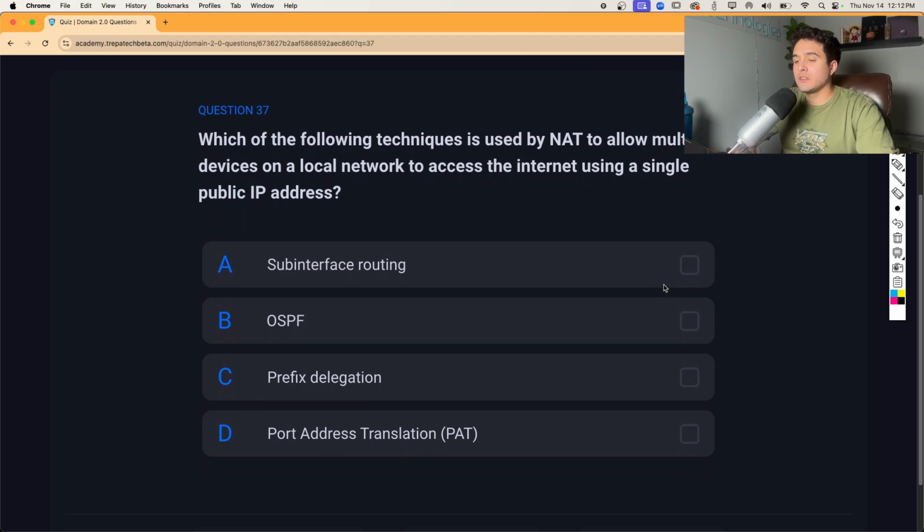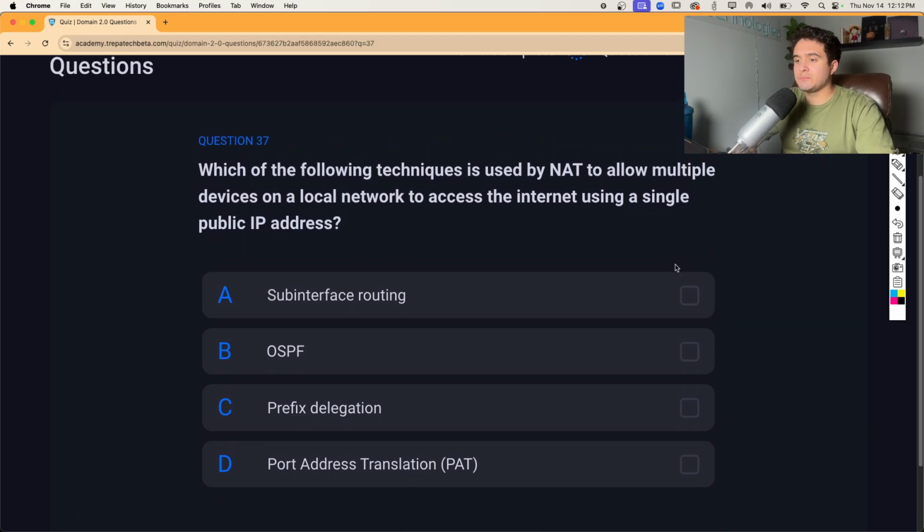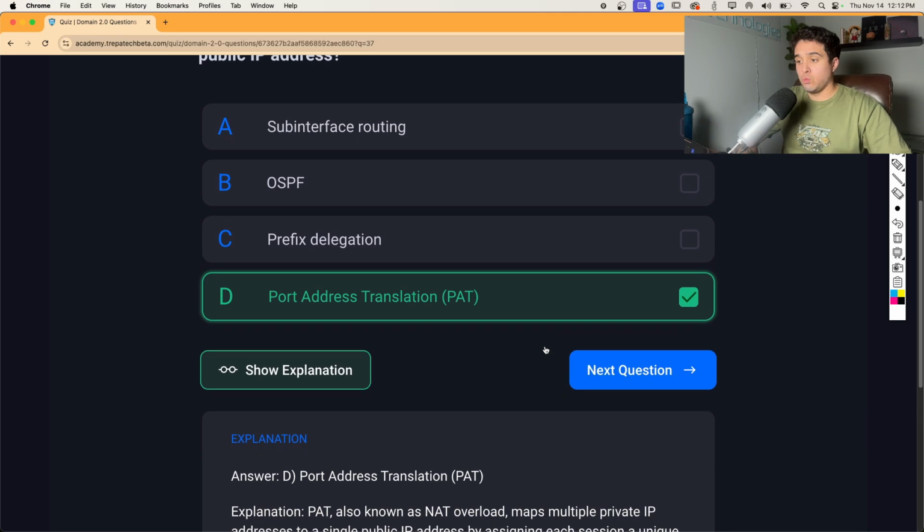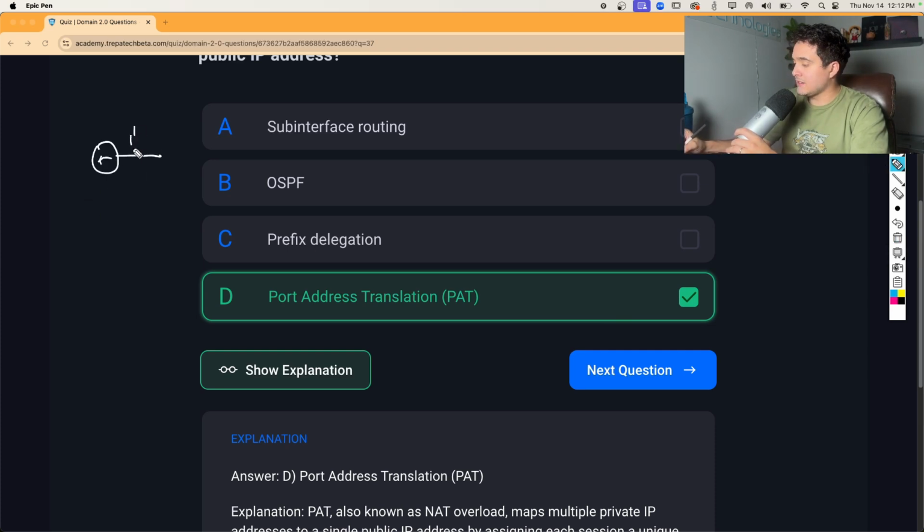Question 37. Which of the following techniques is used by NAT to allow multiple devices on a local network to access the internet using a single public IP address? That's PAT. So with PAT, when we're doing NAT, we actually have a NAT table that maintains the port addresses as well. So imagine we have something like this. Router on this side, this is our public IP 1.1.1.1.